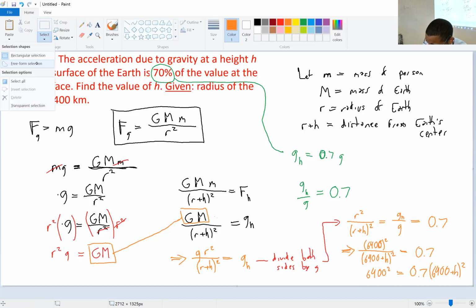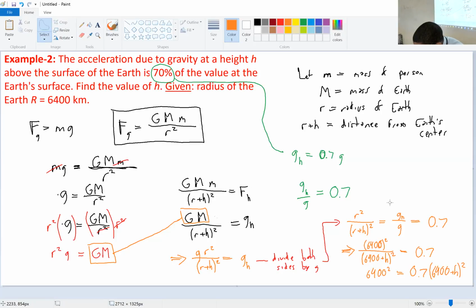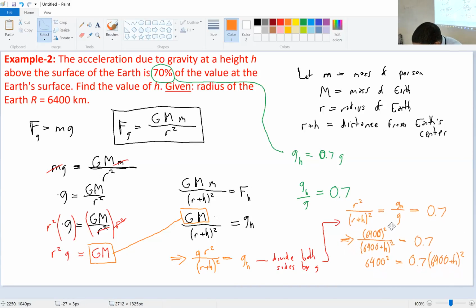Let me put this in a nice algebraic form, and then I may ask one of you to calculate it for me. After you divide by 7, yeah. So I'm going to skip a whole bunch of steps here.